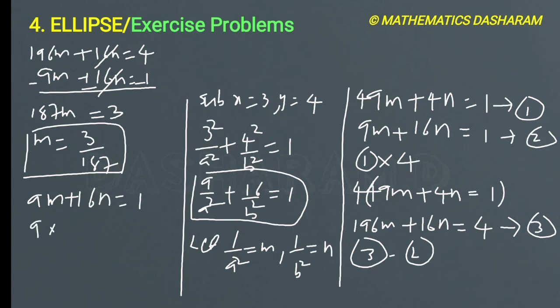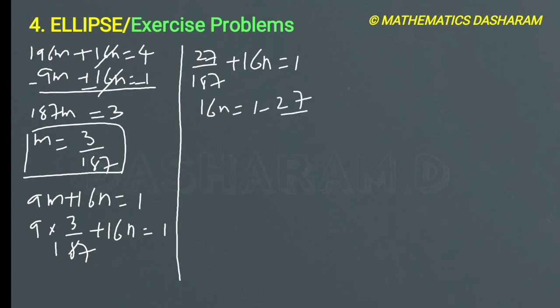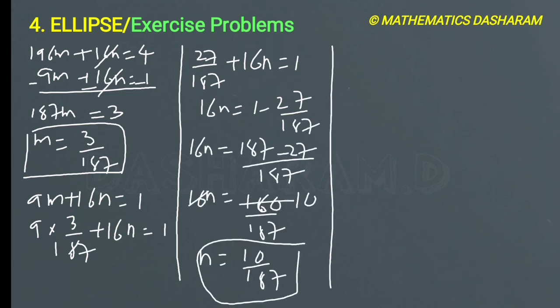So 9 into m value 3 divided by 187 plus 16n equals 1. 9 3s are 27 divided by 187 plus 16n equals 1. 16n equals 1 minus 27 divided by 187. So the n value is 10 divided by 187.